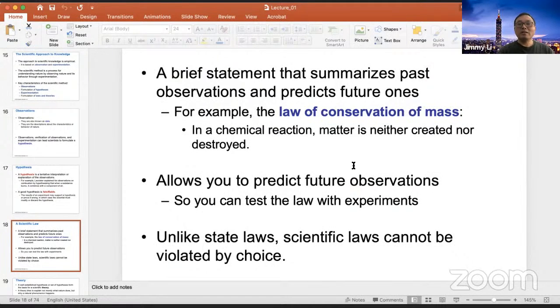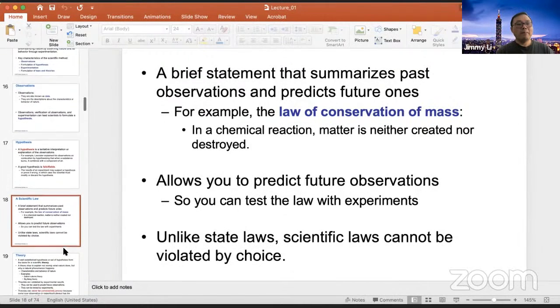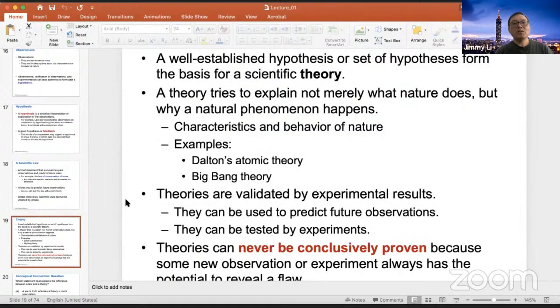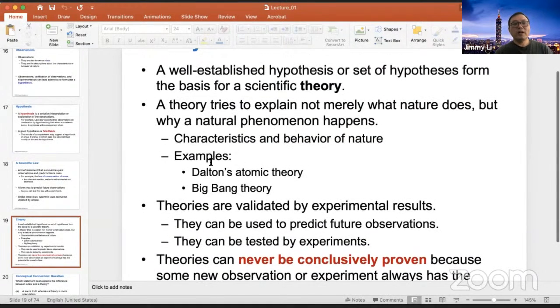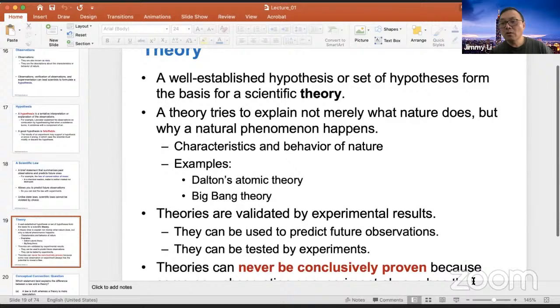Then after that, you can build a law. What is a law? A law is a brief statement that shows the summary of observation. That's a law here. Then there's a theory. After you have a law, you can define a theory.